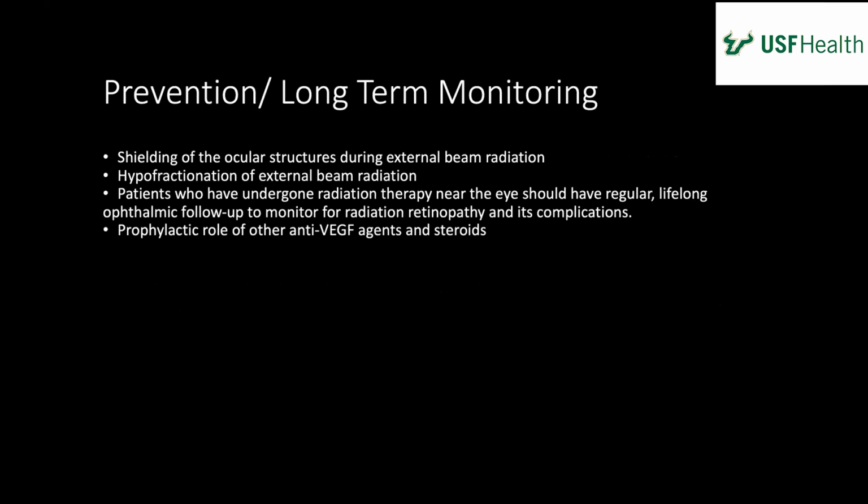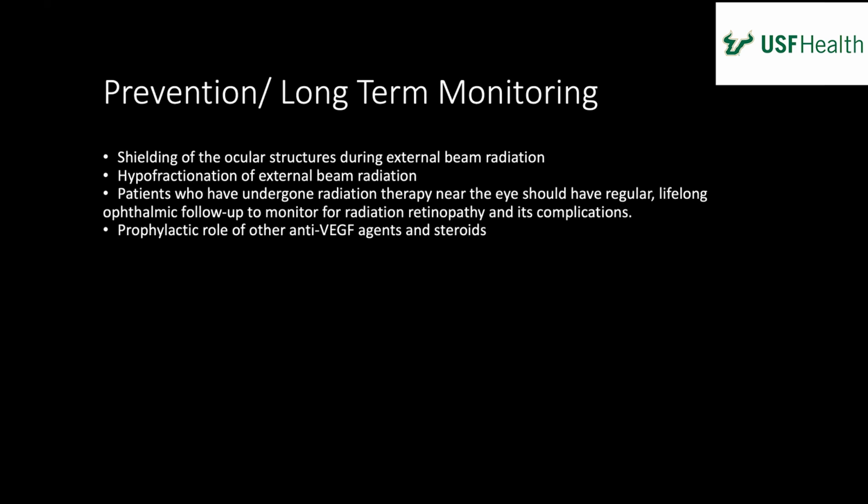So prevention and long-term monitoring, like we talked about a little bit earlier, you can pre-treat. Some people do prophylactic VEGFs or steroids, and that's been shown to have less macular edema and less severe vision loss compared to control groups in a couple of studies that I saw.